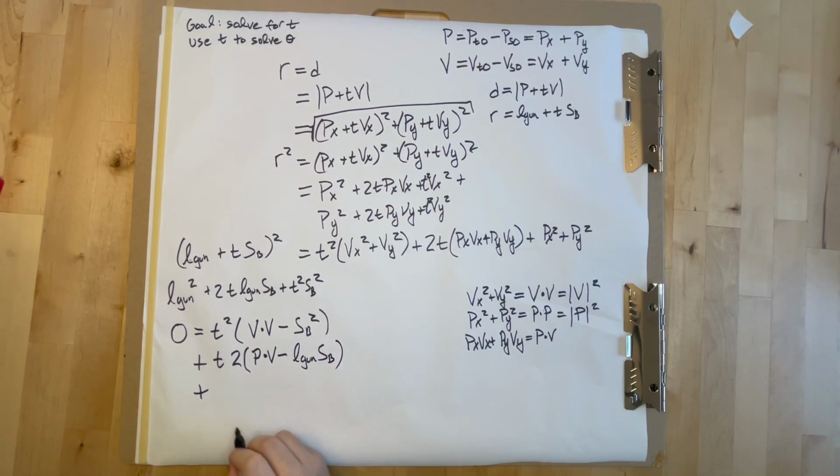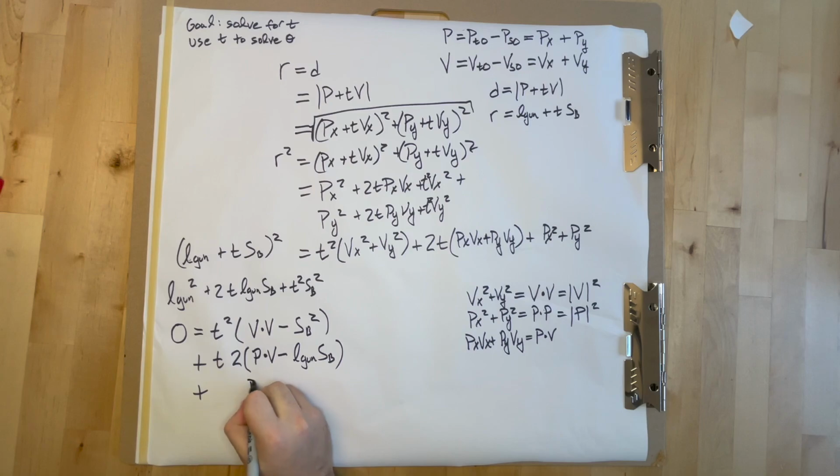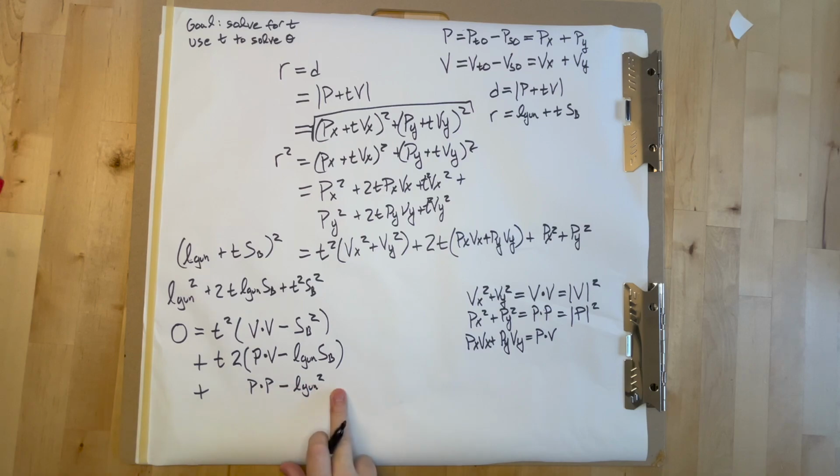And finally, we have our terms without t's, which we have px plus py is equal to p dot p minus L gun squared. So we have a quadratic equation here, and we have t squared, this is our a, we have t, so this is our b, and we have nothing, no t, which is our c.